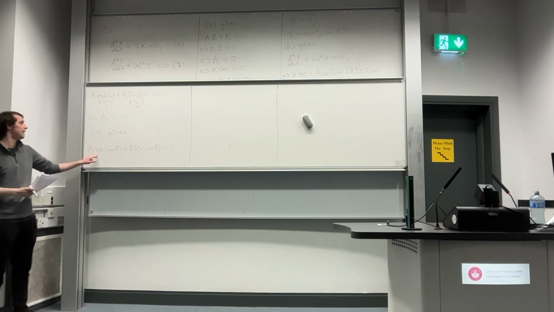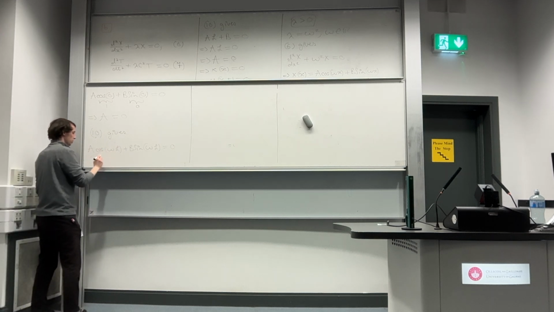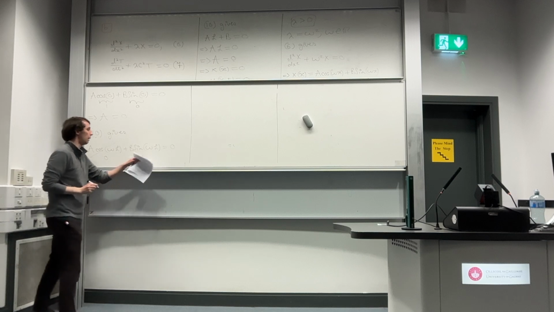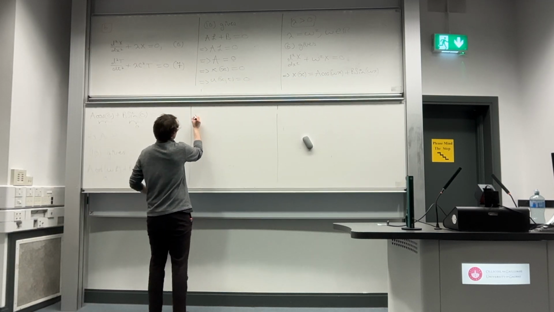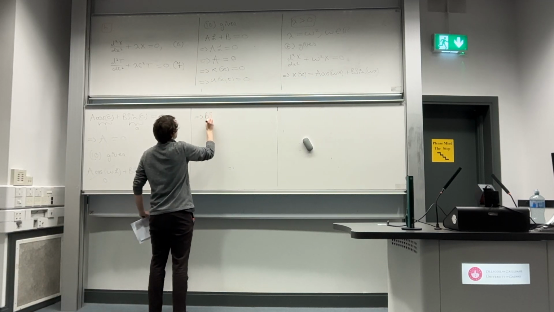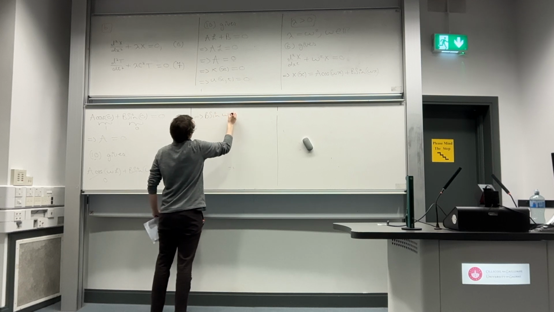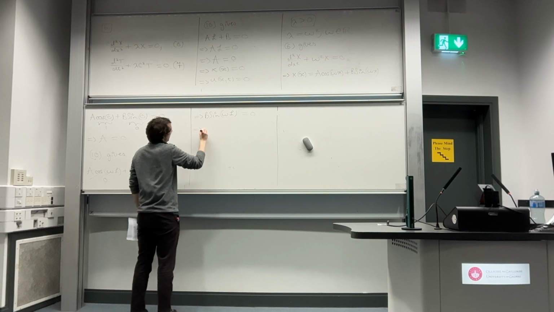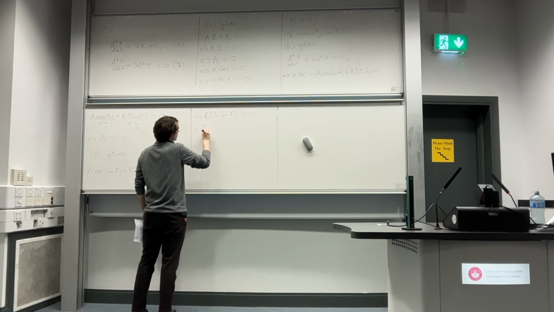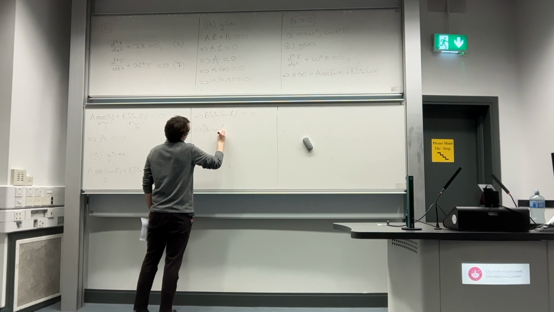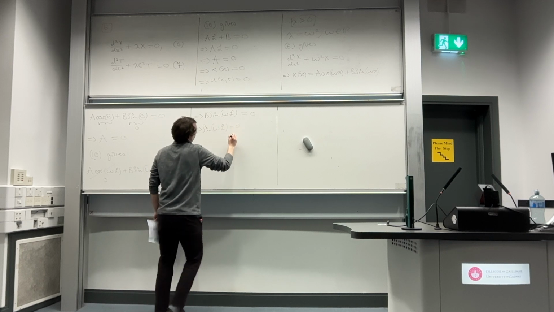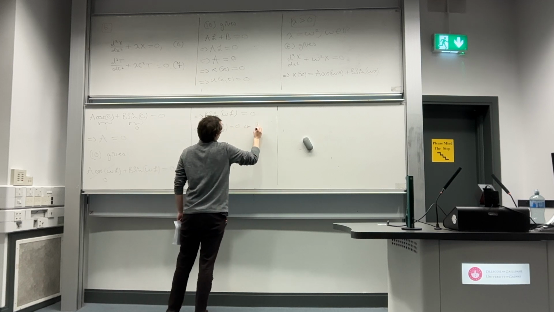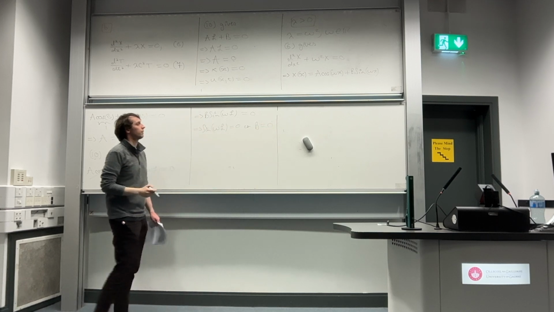But we know that a is equal to 0, so this first term here is just 0. And we're left with b sine of omega L is equal to 0. Which tells us that either sine of omega L is equal to 0 or b is equal to 0.